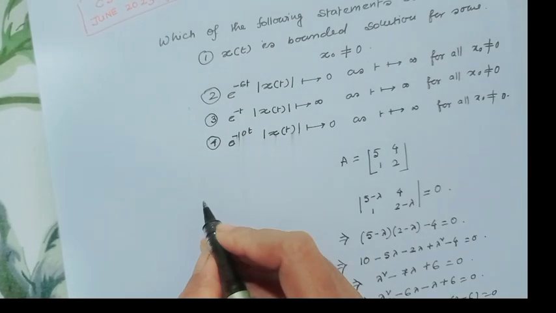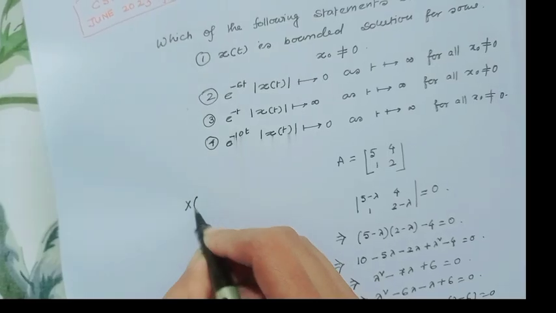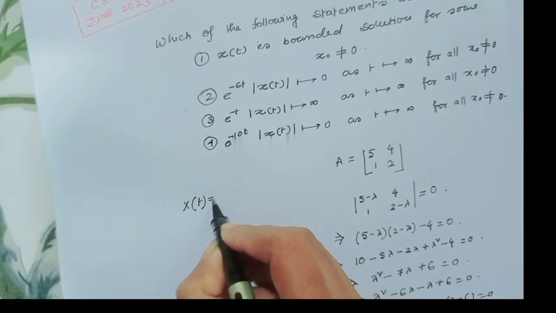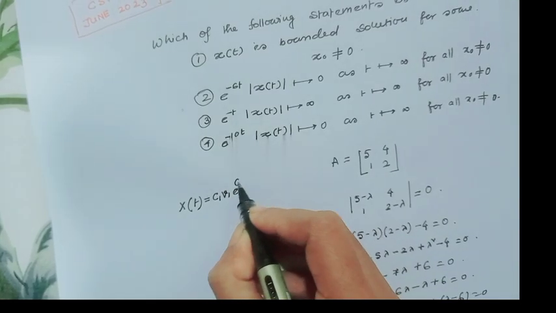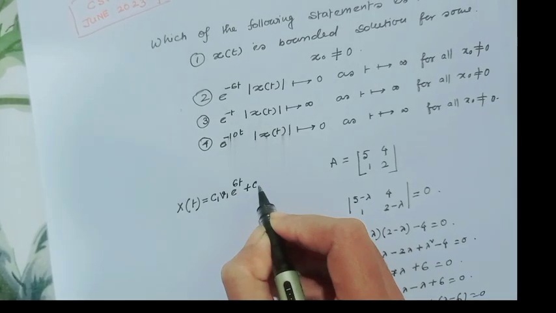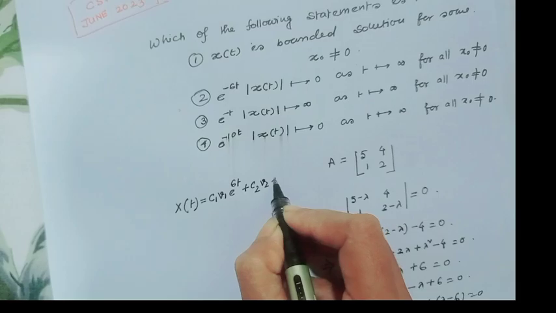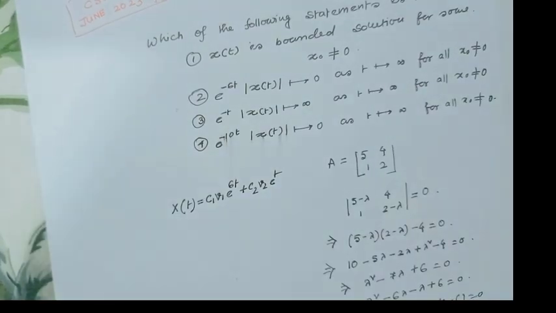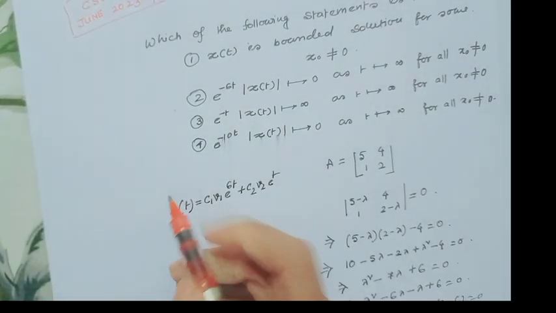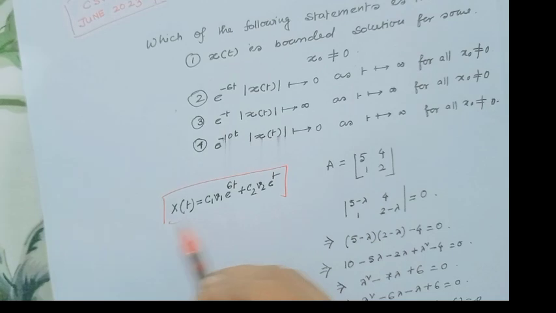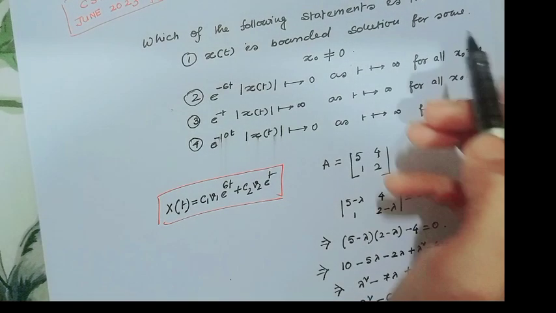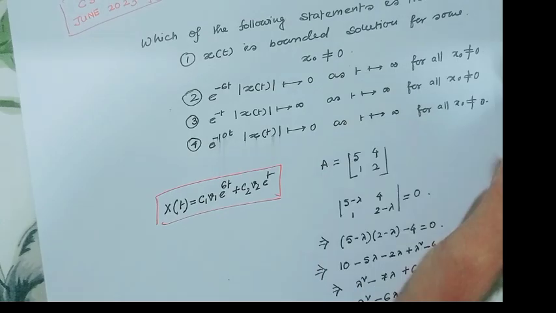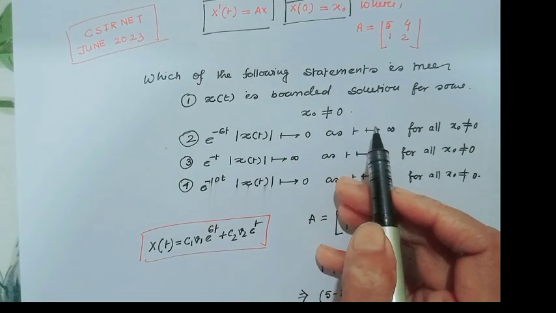So the solution of this equation would be x(t) equals c1 v1 e to the power 6t plus c2 v2 e to the power t. This is the solution. Here the first option: x(t) is a bounded solution for some x0 not equal to 0. Is it bounded?